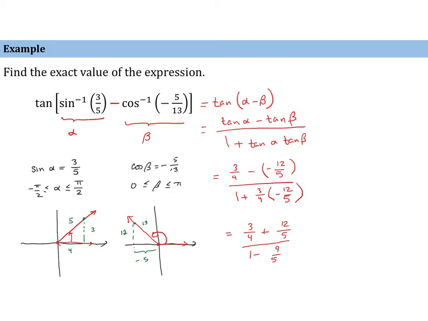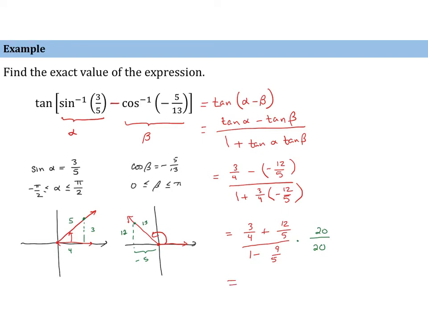Now, the trick to simplifying a compound fraction is to multiply by the LCD of the fractions. So here we have a denominator of 4, 5, and 5. So the common denominator of those three is 20. So we'll multiply the numerator and denominator by 20.